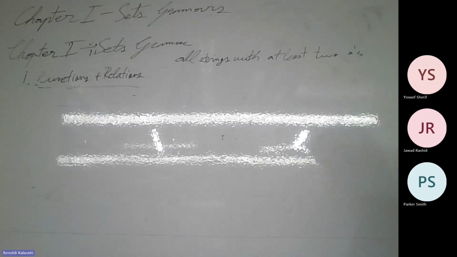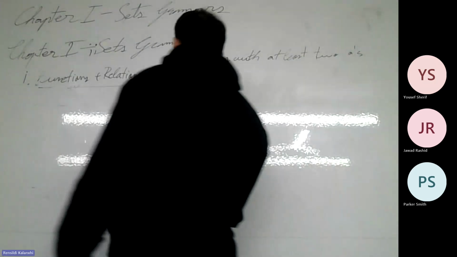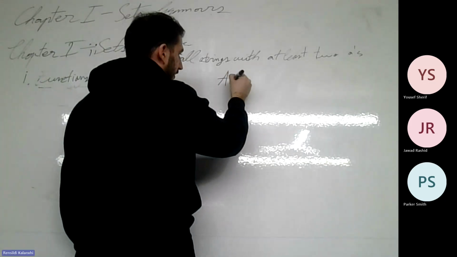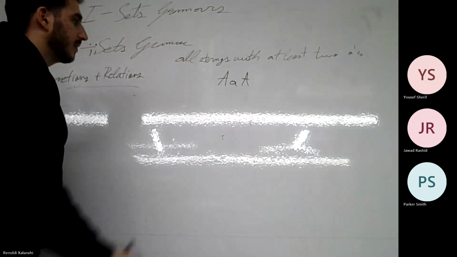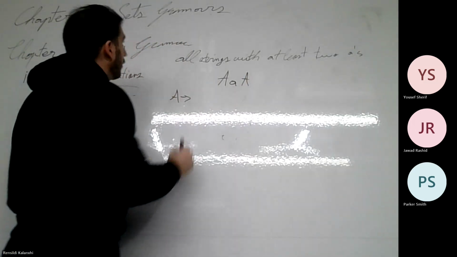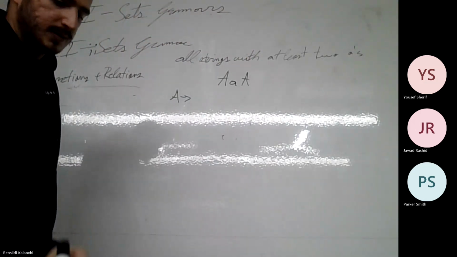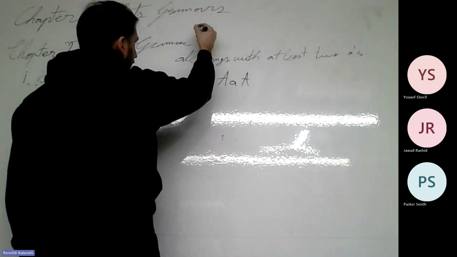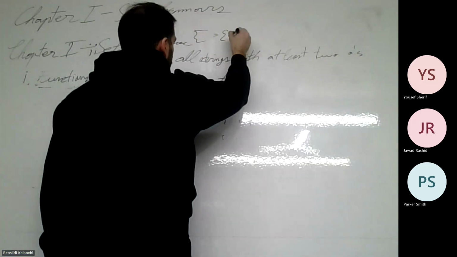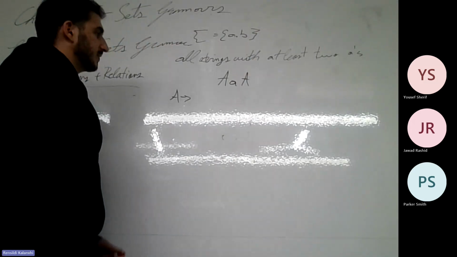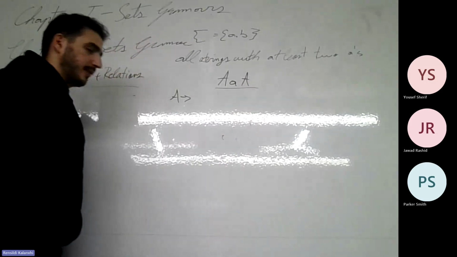So it says all strings with at least two A's. I think someone mentioned that we can do it by approaching it this way, where A is going to be... we are still referring, by the way, to the alphabet of A, B. So at least two A's, it's not going to be efficient enough.